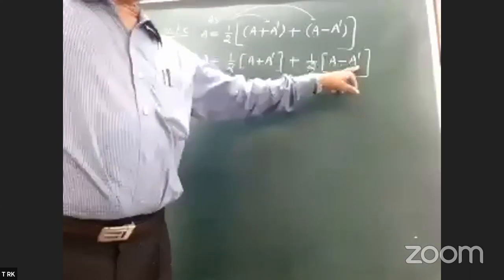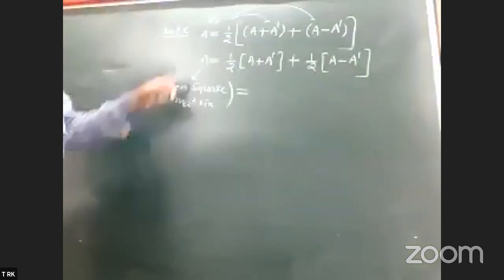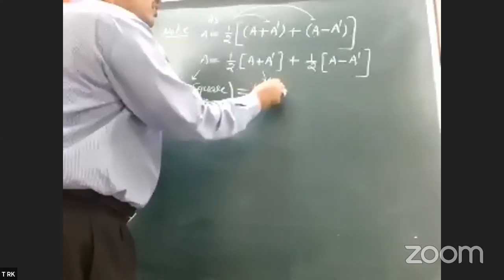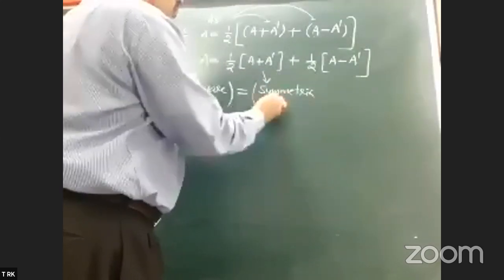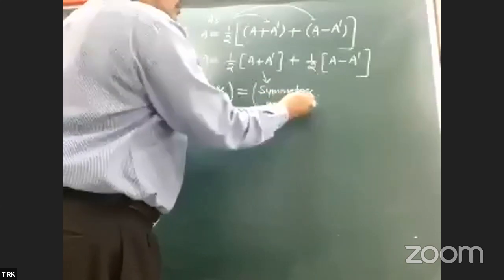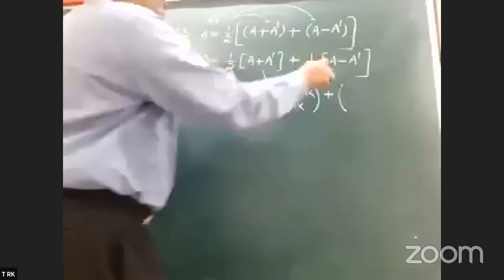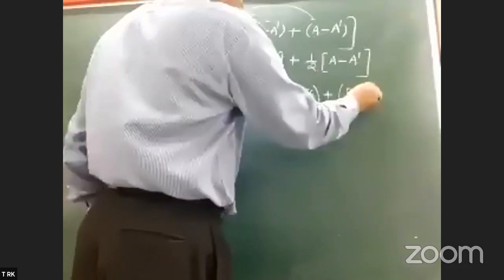A minus A dash is always skew symmetric matrix. So given square matrix is A and this is symmetric matrix. Plus 1 by 2 into this is again the skew symmetric matrix.